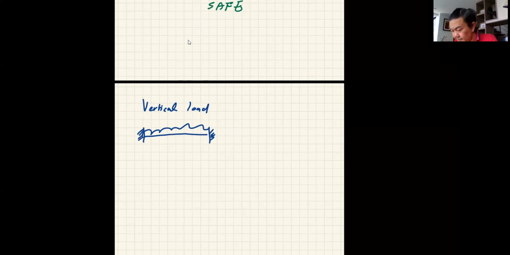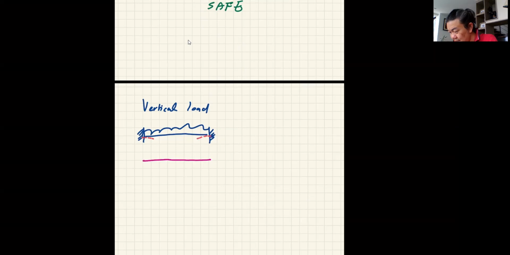This is a fix, right? So the rotation of the supports are 0, and therefore your beam is going to deflect like this. 0 rotation, but it has to come down. In the end, somewhere it has to become a positive curvature. So you have the negative at both ends, and then you have positive, meaning your bending moment diagram should look something like this, right?